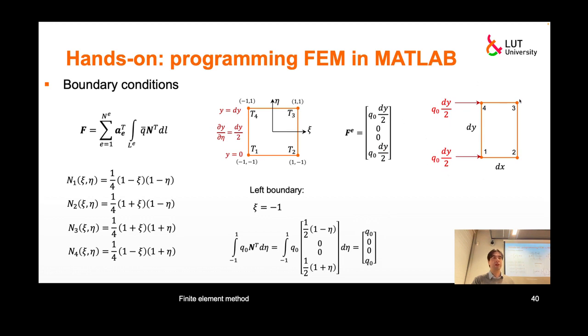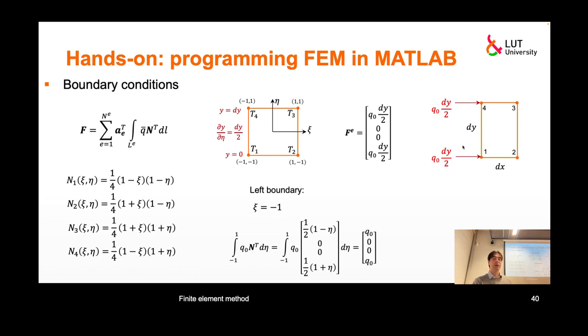So I showed it here in a picture, and actually you could have guessed the right answer without even going into this trouble of thinking about shape functions and calculating integrals. Because if there is a heat flux q0 coming through this boundary, then heat flux is heat energy per unit area, also per unit time, but per unit area, which in our two-dimensional approximation means per unit of this length.